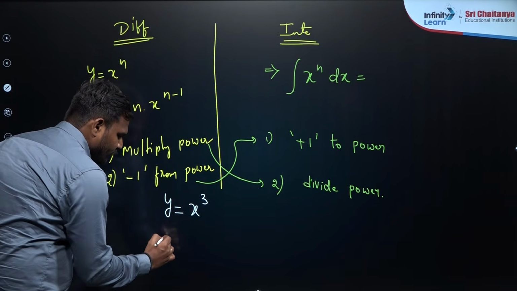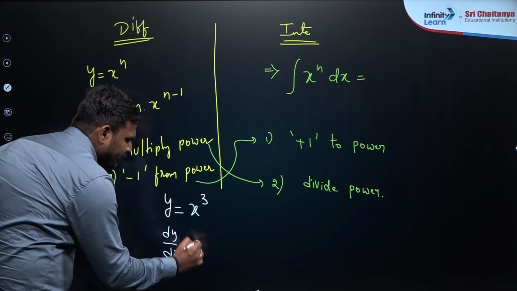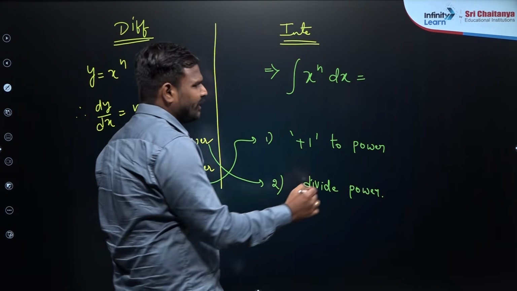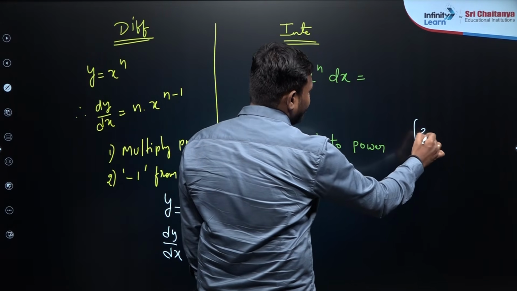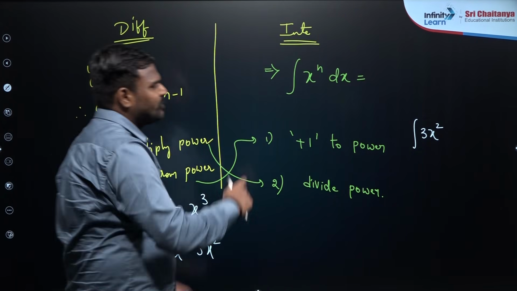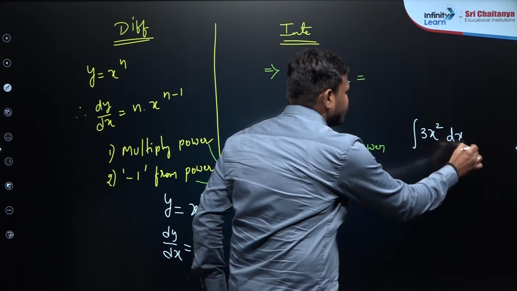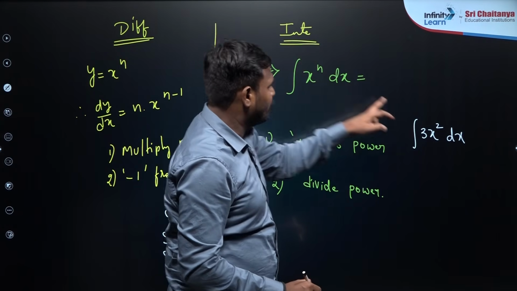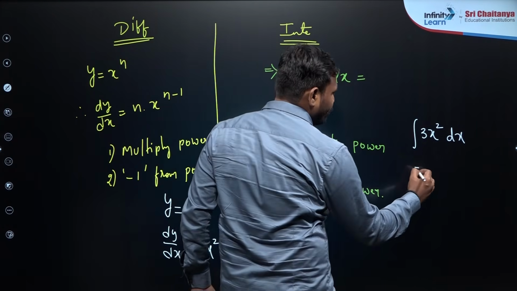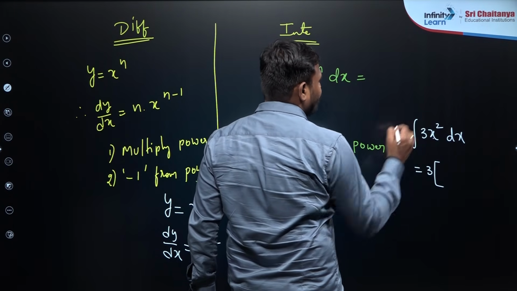In such a manner, for example, there is a question, y is equal to x cube. Then what is dy by dx? Multiply the power: 3x square. Now this is my input for integration. Integral of 3x square is the input, and which variable do we have to join? The x variable, so dx. We know 3 is a constant and will come outside. It is in the form of x power n.